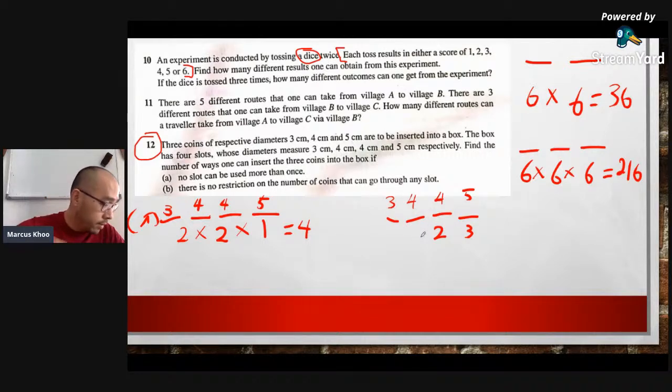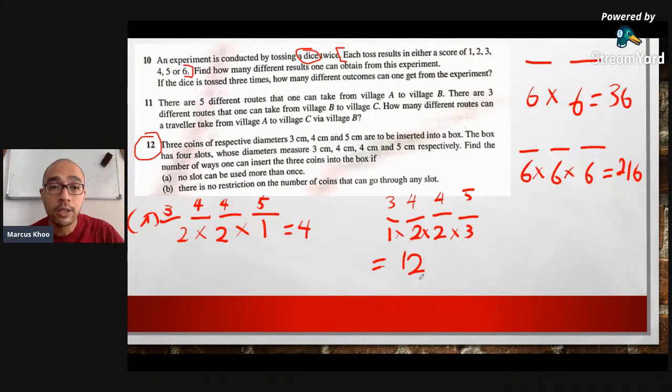Also 2. And how many coins can go into the 3 cm slot? Only 1. So 1 times 2 times 2 times 3 will give us 12. So there are 12 possible ways, if there's no restriction on the number of coins that can go through any slot.